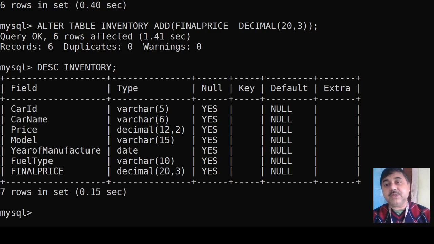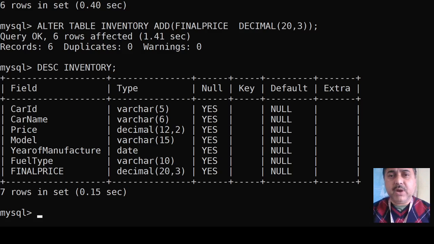Now 12% of the GST means we have to set some value there, isn't it? So see here what we are writing.